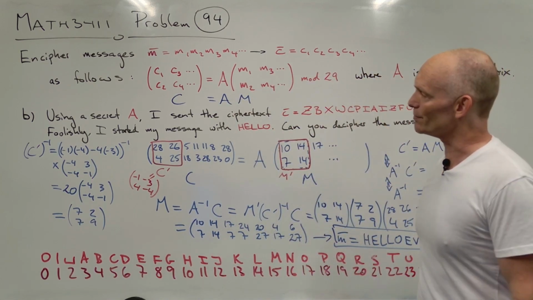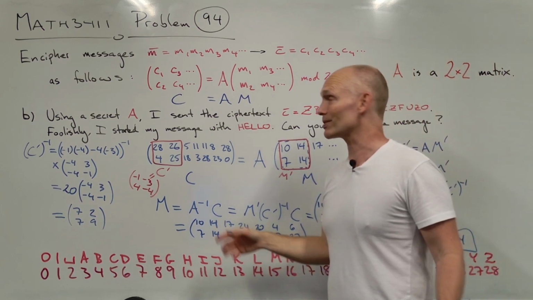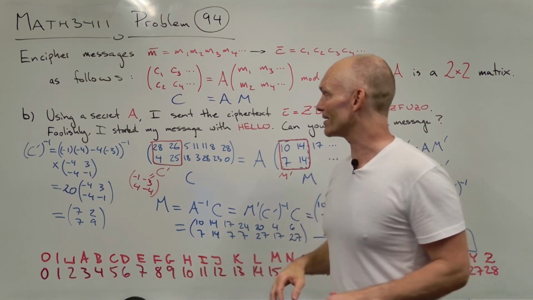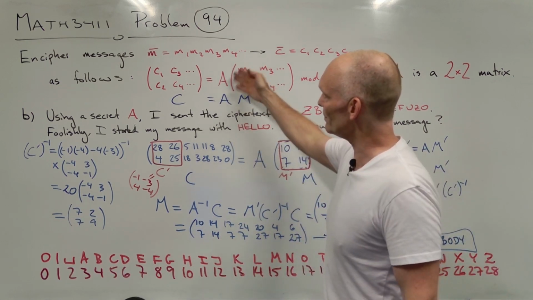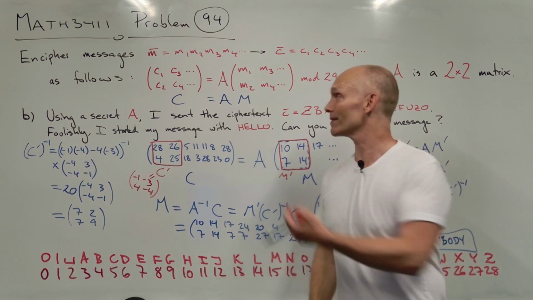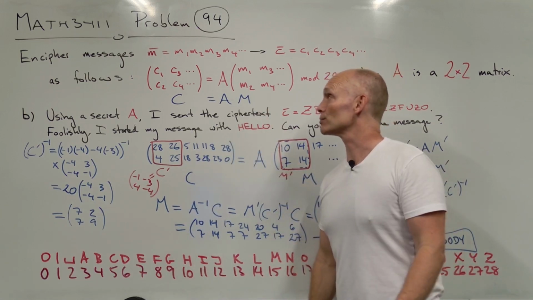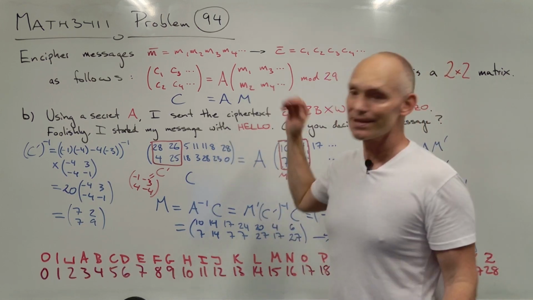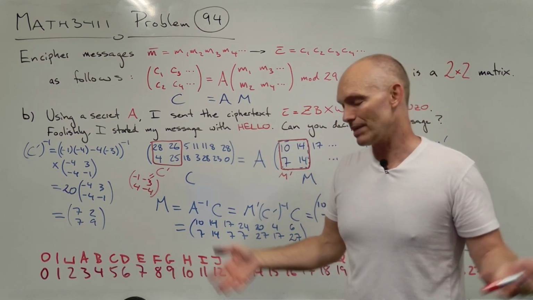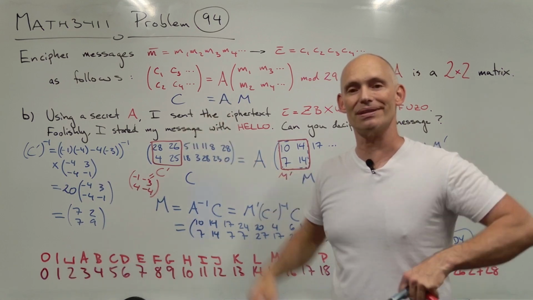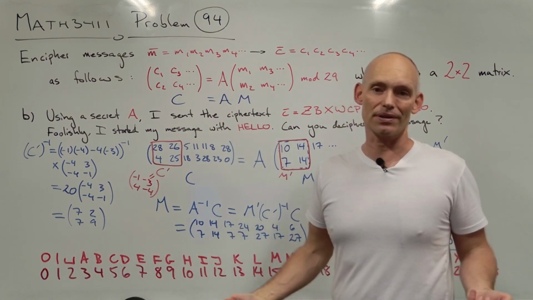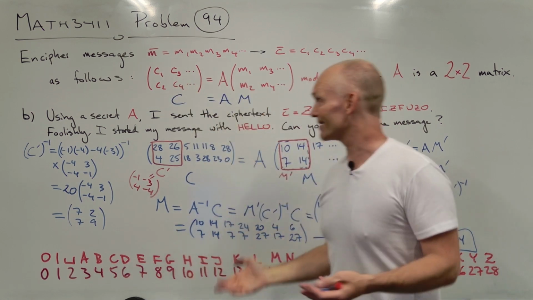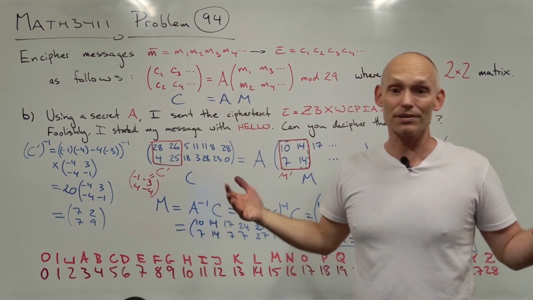And I suppose one way of measuring that, well, you can do that a lot better than what I'm going to say now, but one rough, naive way of measuring it is, well, how many matrices A do we have there? I suppose we have 29 to the power of 4, and that's a decent number of them, but it's not a massive number of them. Definitely not compared to how many messages we can write if we are allowed to have 10 letters, for instance.